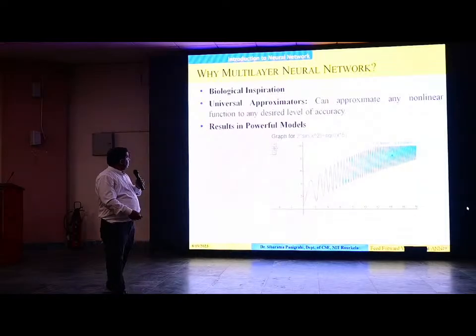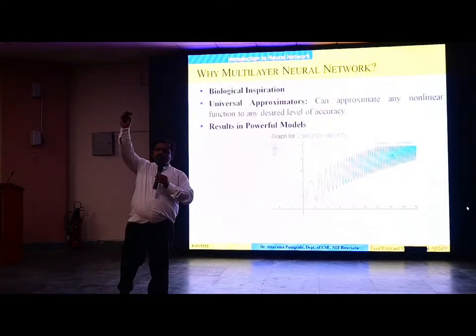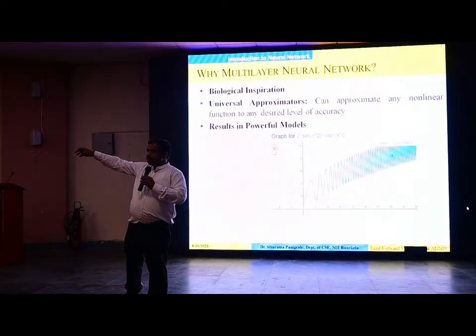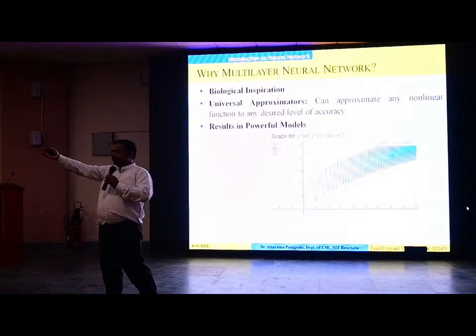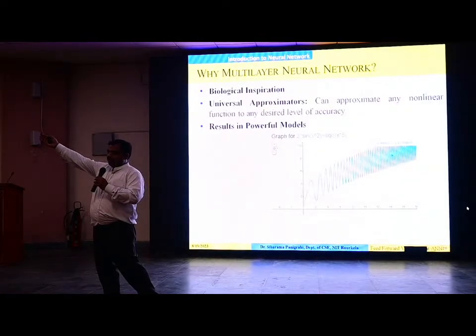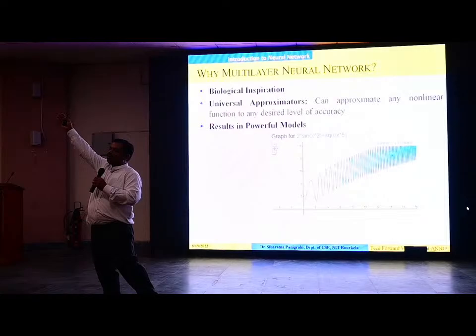Next one is universal approximators, meaning they can approximate any nonlinear function to any desired level of accuracy. The output is a function of the input, and that function may be complicated, but how complicated it is, is not a problem.